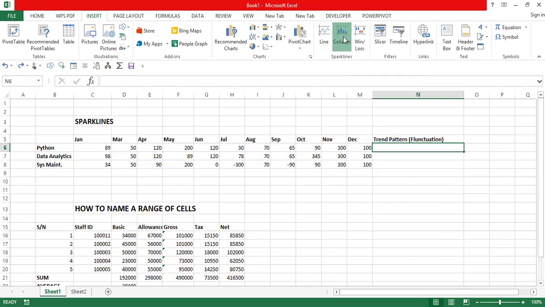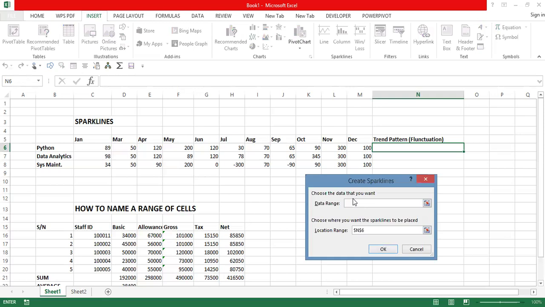So let's say we are using this column type of sparkline. We just click in there and then we highlight the range. Of course, the location where we want it is already selected.